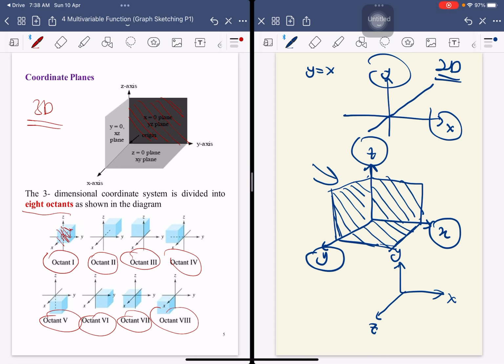Sometimes we also ask you to draw the surface by giving a hint as to which octant the surface will be in, and the popular octant that we always use normally is the first octant only, because it's quite straightforward.